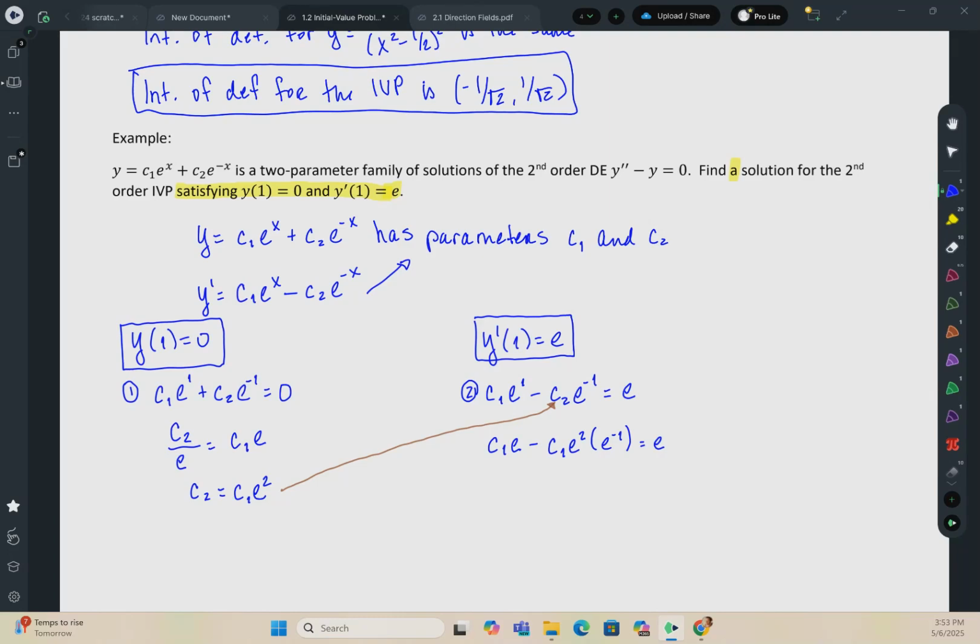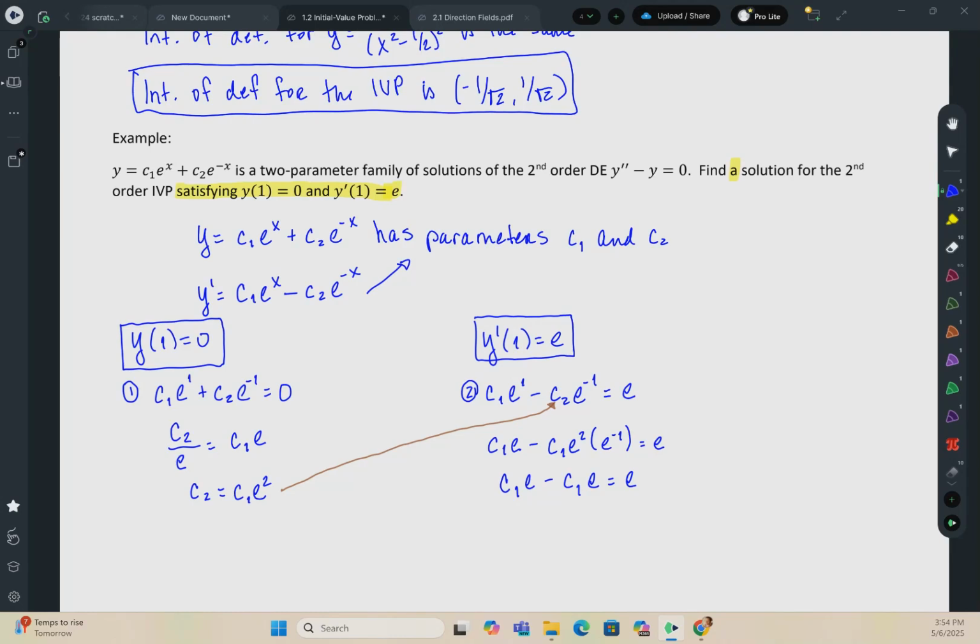Simplifying, I have e squared times e to the minus 1, so I add the exponents. I get e to the 2 minus 1, which is just e. So I have C1e minus C1e is equal to e. Is that what I wanted?